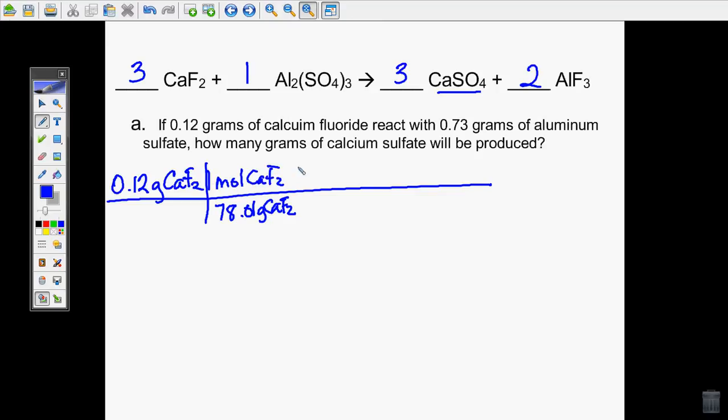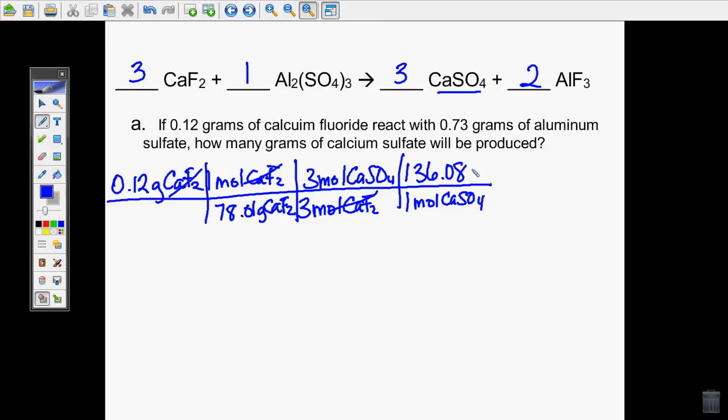CaF2 cancels. From my equation, I know for every 3 moles of calcium fluoride, I have 3 moles of calcium sulfate. That cancels. For every 1 mole of calcium sulfate, molar mass is 136.08 grams of calcium sulfate. So when I multiply across the top and divide by what's on the bottom, I get 0.21 grams.